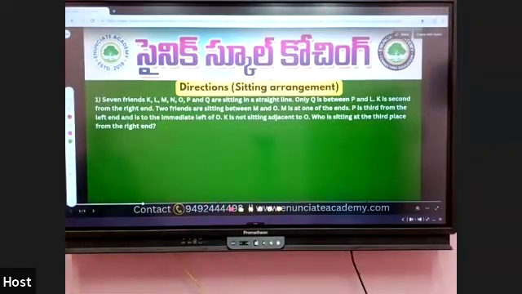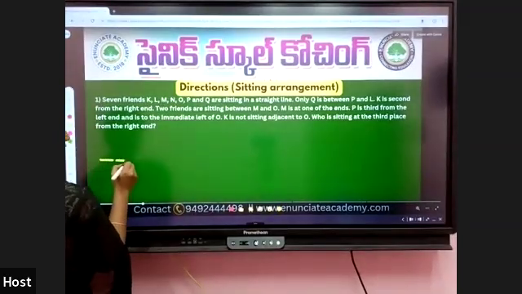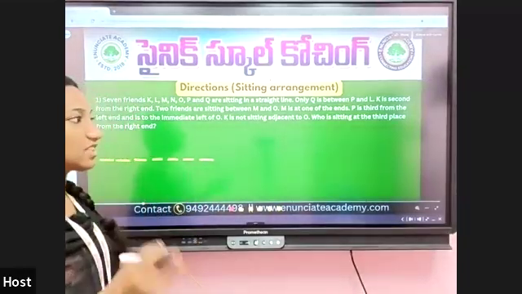Here is the first question. 7 friends K, L, M, N, O and P are sitting in a straight line. So they gave 7 friends, so you should draw 7 places.